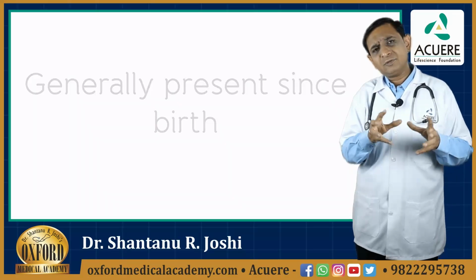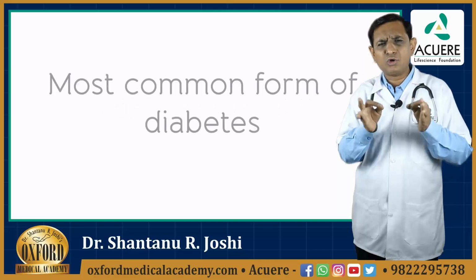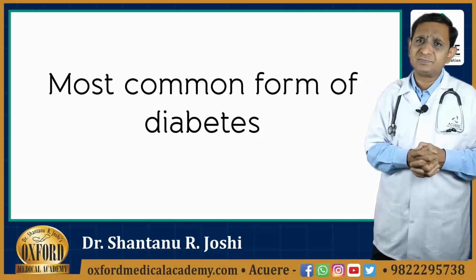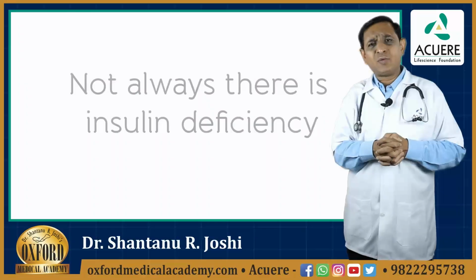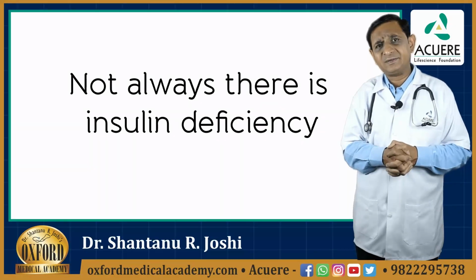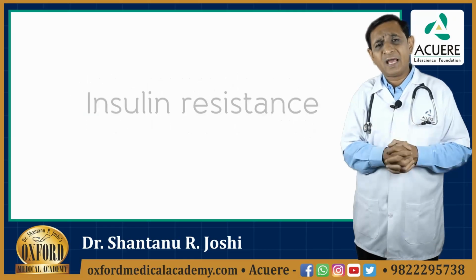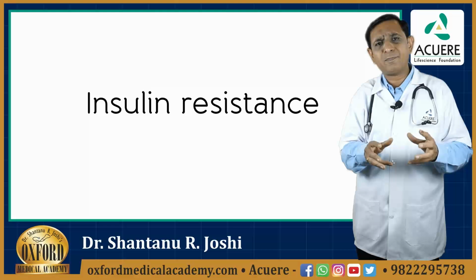Now, type 2 diabetes. Type 2 diabetes is the most common form of diabetes. With experiments, it is now well established that not always is there insulin deficiency, but most of the time there is insulin resistance, and this is a very important concept.